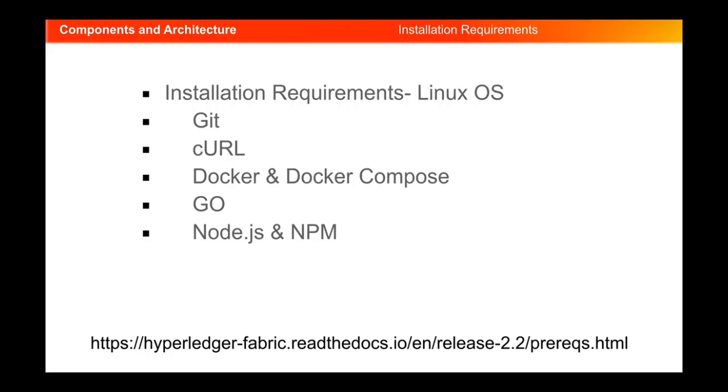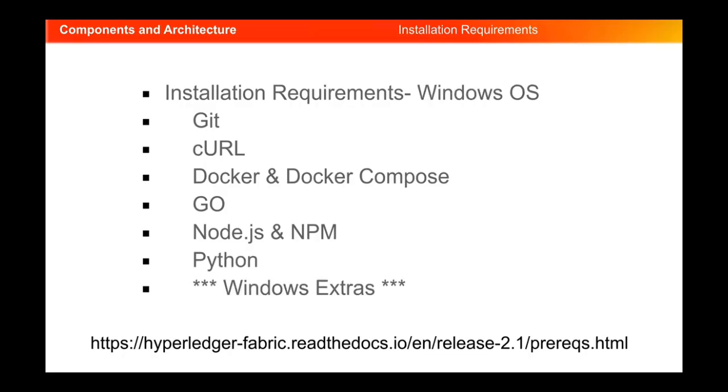For Mac OS, you need to follow the same procedure as with Linux. There's not much difference between Linux and Mac. But for Windows, you have to explicitly install Python, and you have to go through a procedure to enable Docker in Windows.